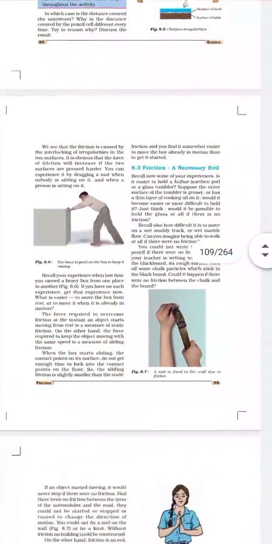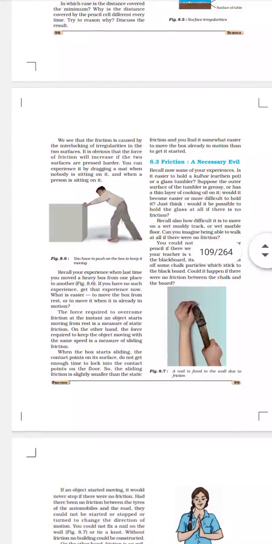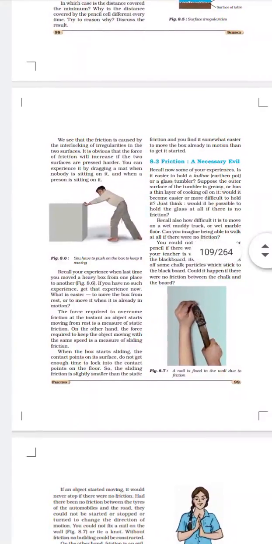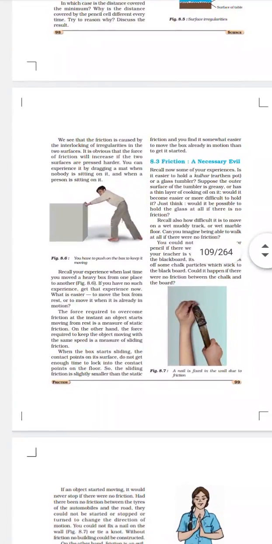Friction can also cause wear and tear. Tires and shoe soles get affected and undergo wear and tear. All kinds of ball bearings undergo wear and tear.